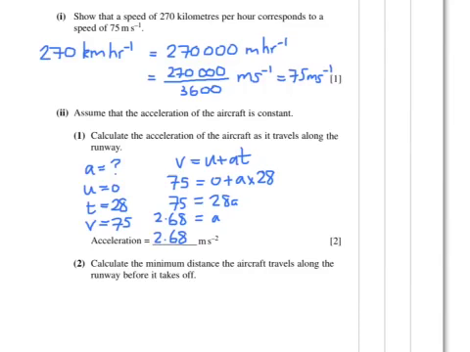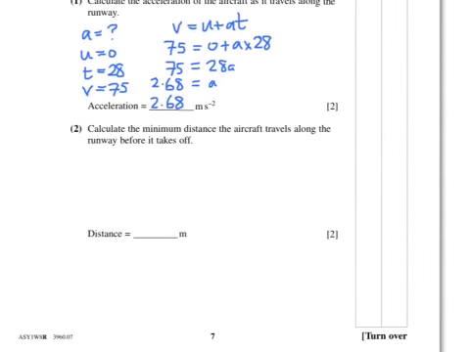Now, the last part of the question asks us to calculate the minimum distance the aircraft travels along the runway before it takes off. So if we're trying to calculate the minimum distance, then yes, we're trying to work out the displacement, that's our unknown, and let's write down what we know again.